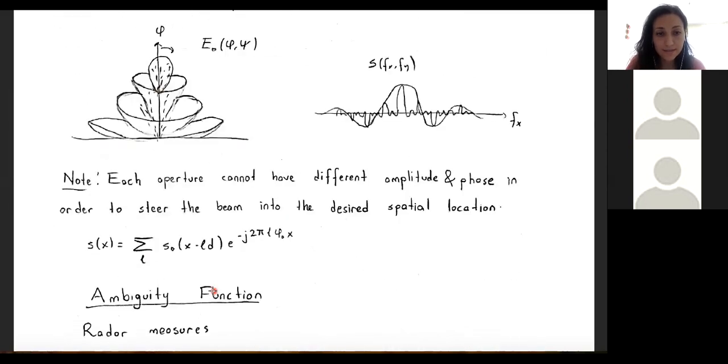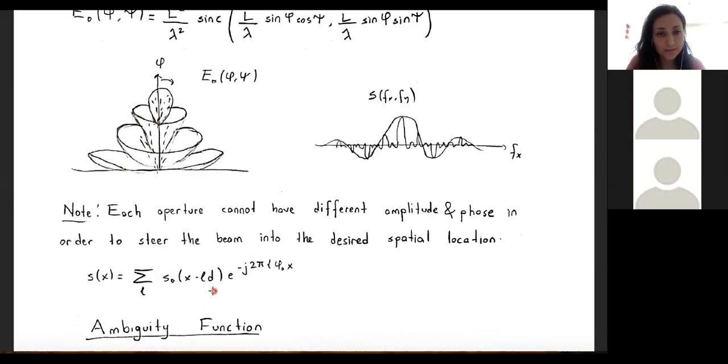That's again a design task, but you can study that. So if your aperture elements do not have the same amplitude and phase, if they have different amplitude and phase, you can steer your beam into a desired angle. And I will give you a task for this in the homework.